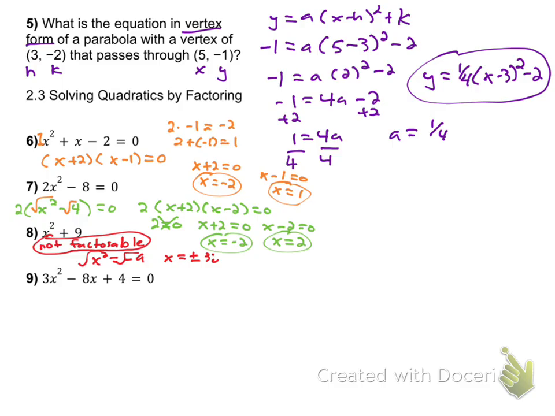And then last here, number 9, a is 3, so we need to do the AC method. A times C, 3 times 4 gives me 12. Two factors of 12 that add to give me negative 8 would be negative 6 and negative 2.